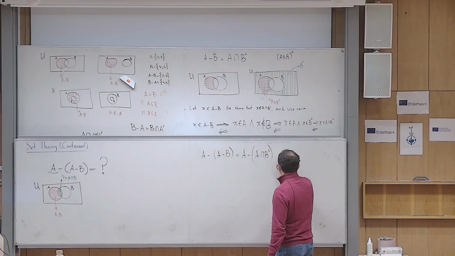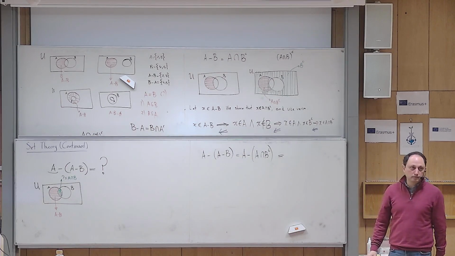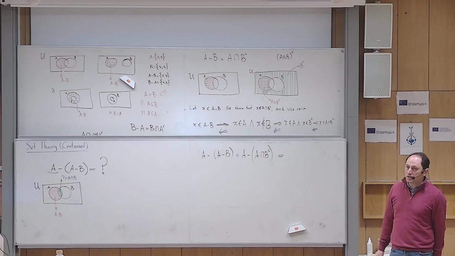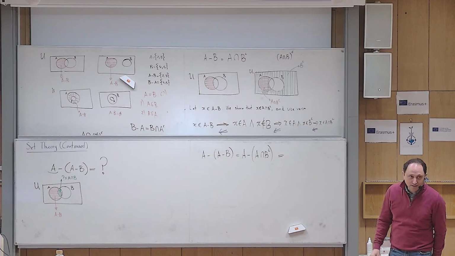But if you can go one step ahead, it means you understood everything. So what should I do now? Now I can do the second minus sign. But how? It's A intersection everything in the brackets complement.